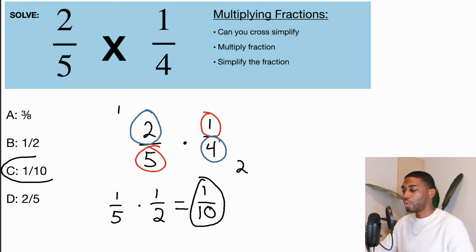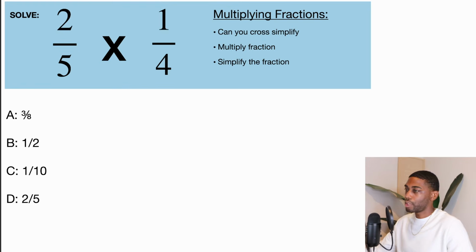So let's see what happens if we didn't cross simplify. If we didn't take 2 from both of these numbers, what would happen? Let's resolve this same question without cross simplifying. We would have 2 over 5 times 1 over 4.